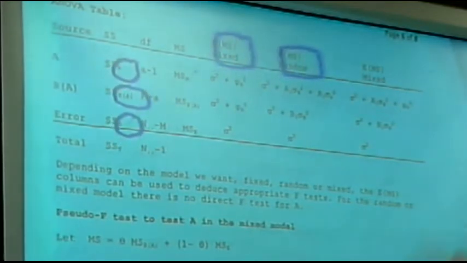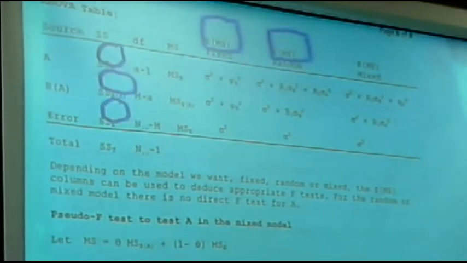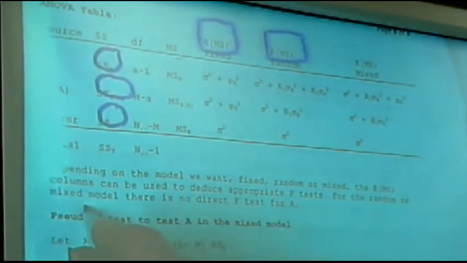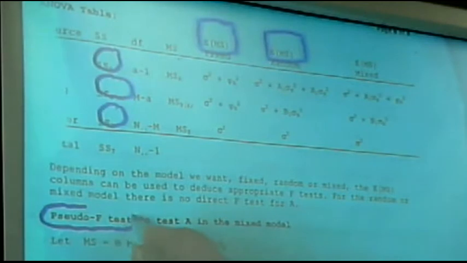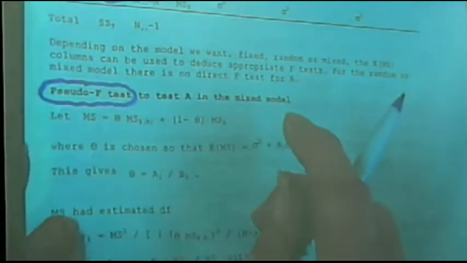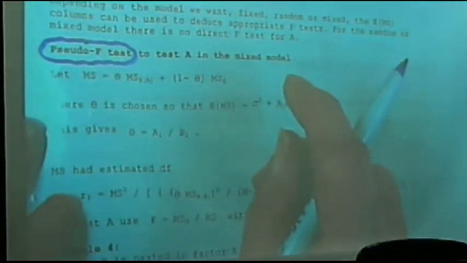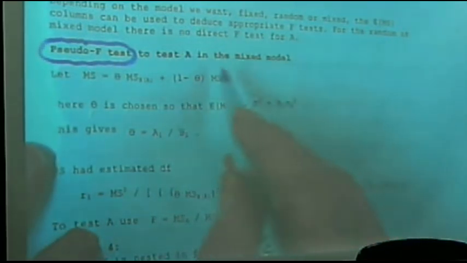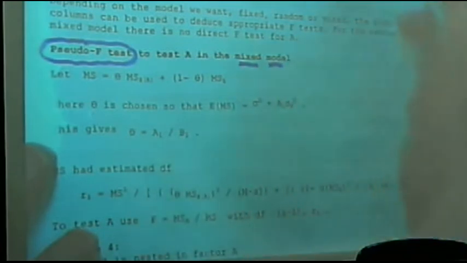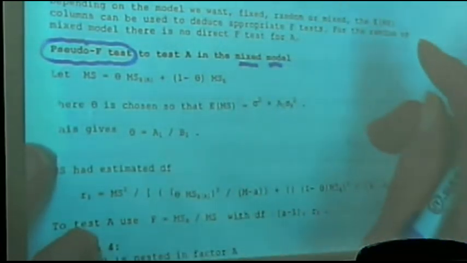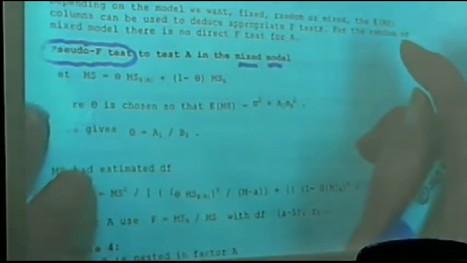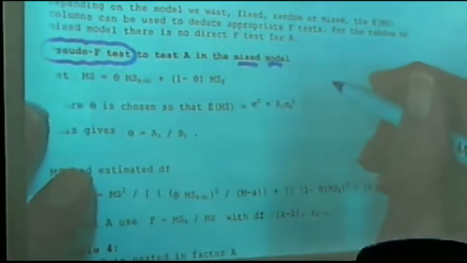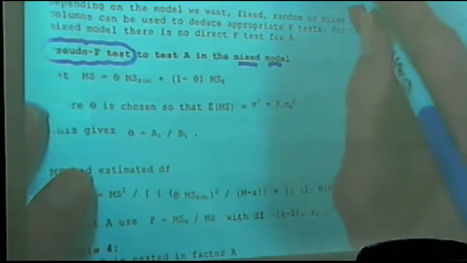So what the handout goes on to do on this page is to say, well, we've talked about this kind of issue before, and we said one possible solution is the pseudo-F test idea. So basically, I'm going to look at the mixed model. So I'm looking at the third column over here. I want to construct a mean square whose expectation is right there.